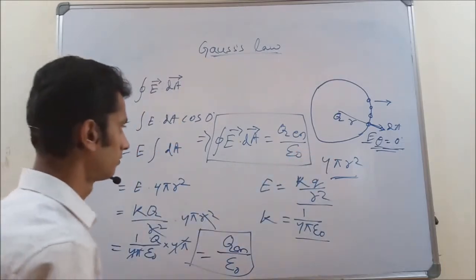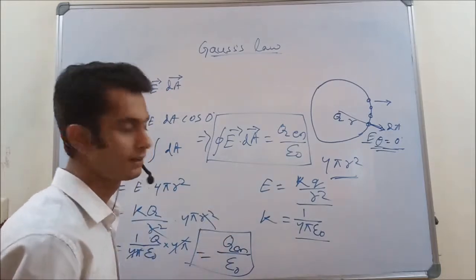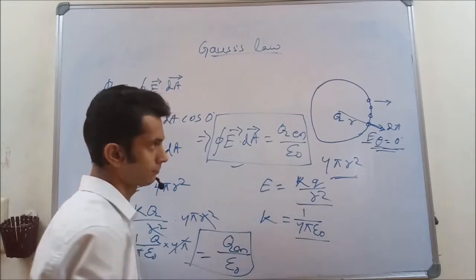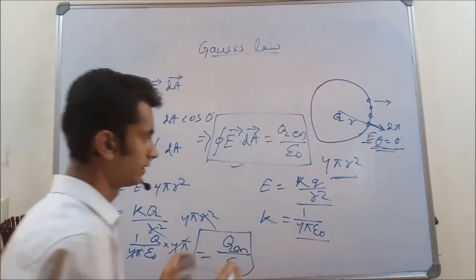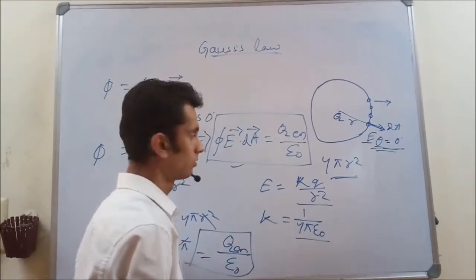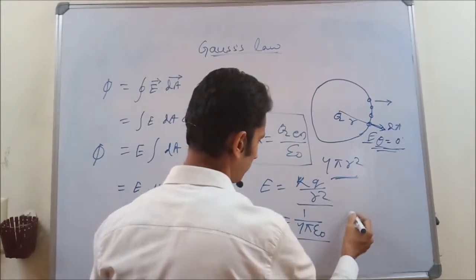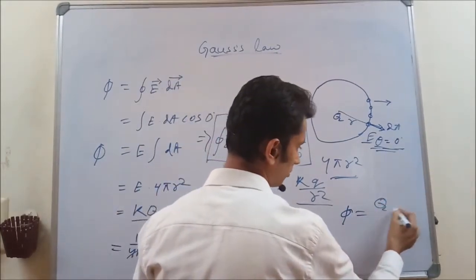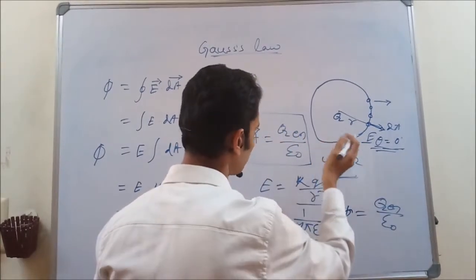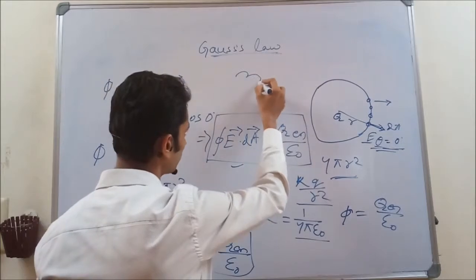Gauss law is mainly used to find the electric field by using this equation, or we can find any 3D surface's flux by using phi is equal to q enclosed by epsilon 0. Not only the sphere, any kind of 3D closed surface.